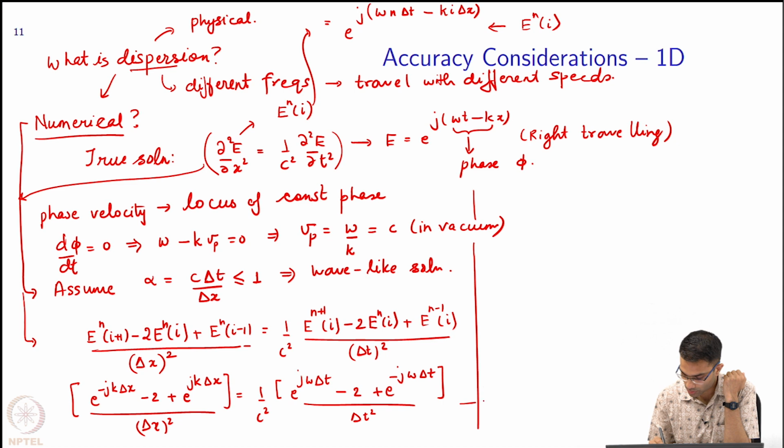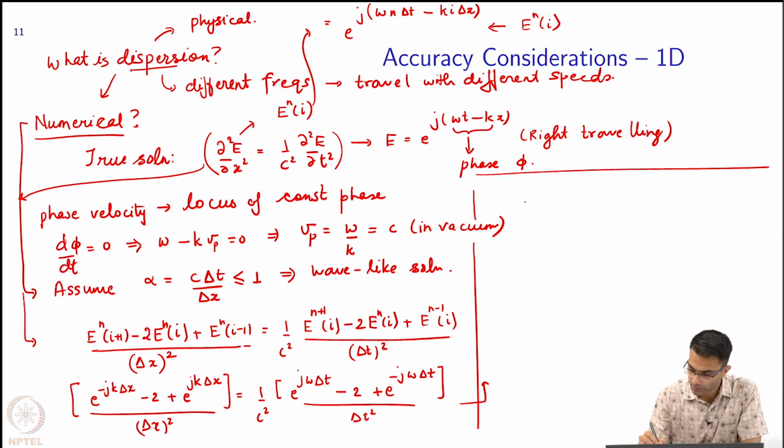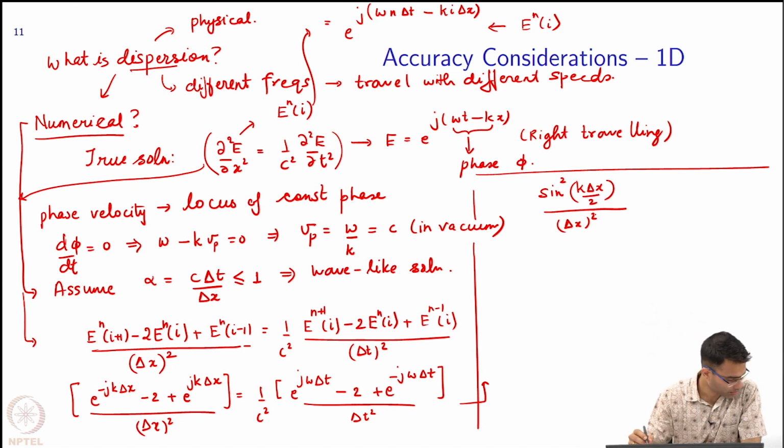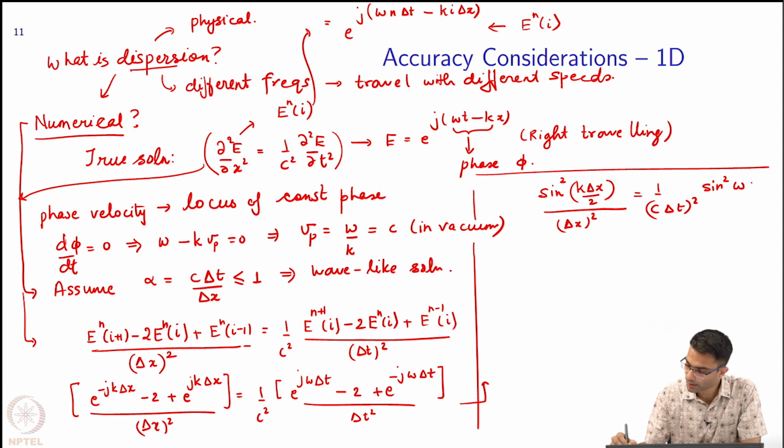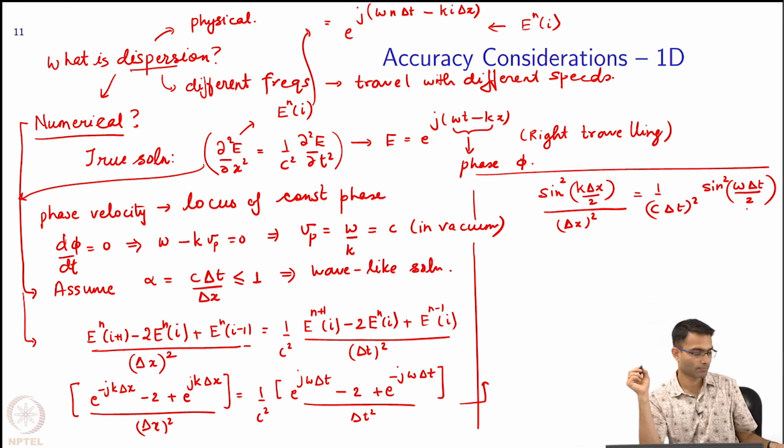The final expression that I get is sine k delta x by 2 squared divided by delta x squared is equal to 1 by c delta t squared sine squared omega delta t by 2, right.